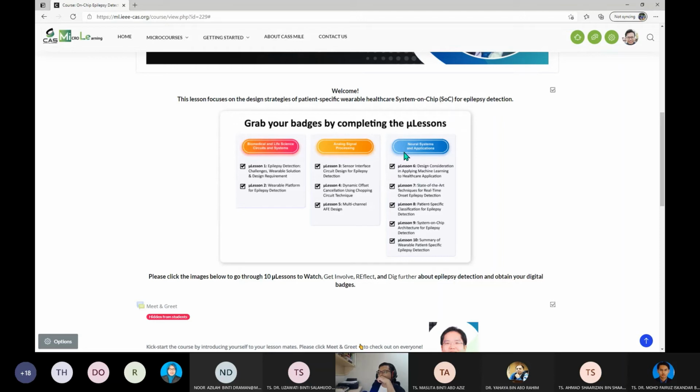And if you need to get this badge, then you need to take all these 5 with some other 5. Sorry, let me explain that again. It doesn't mean that if you just take these 2, then you get this badge. No. It's just that if you need to get this badge here, Biomedical Life Science, these are the 2 lessons that you need to take to contribute to your digital badge here. Same thing with analog system processing and neurosystem applications.